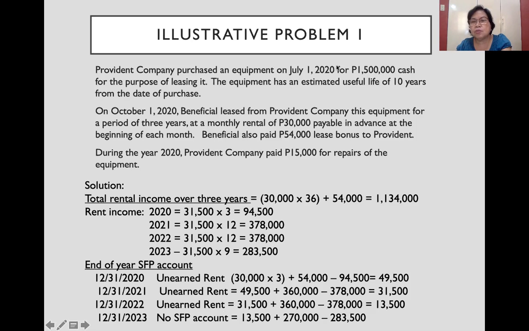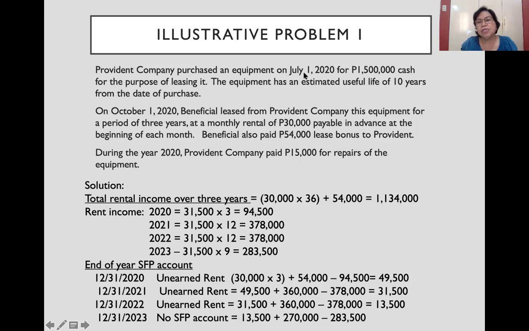For the year 2020, because the asset is already available for use as early as July 1, 2020, if depreciation is provided using a time factor method, then depreciation will have to be computed starting July 1, 2020. So you have to compute depreciation here, plus you have to present as part of the expense of the lessor 15,000 repairs and maintenance for the asset.